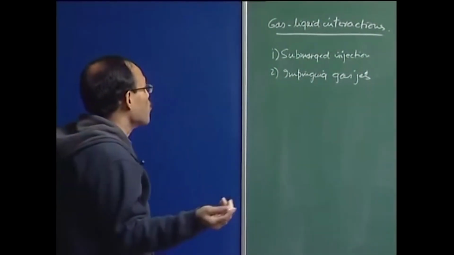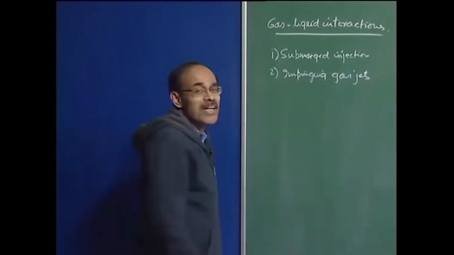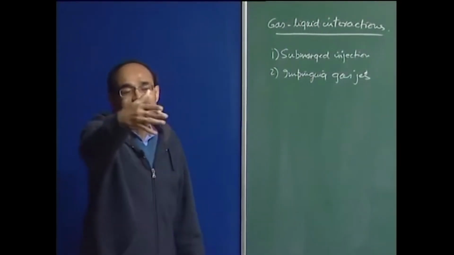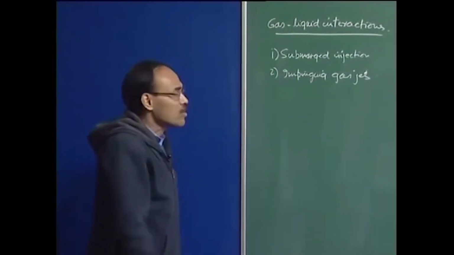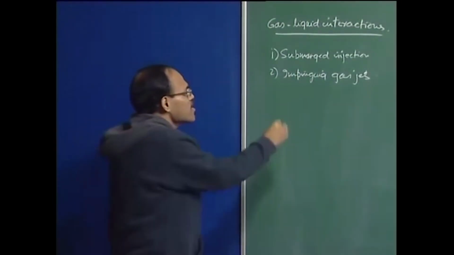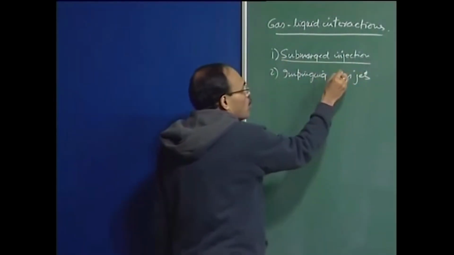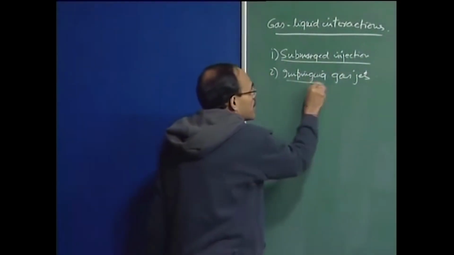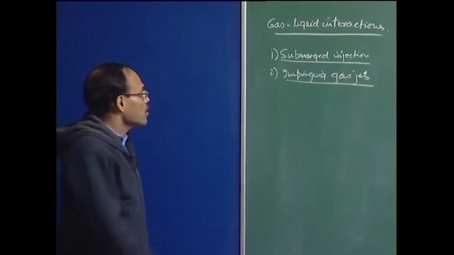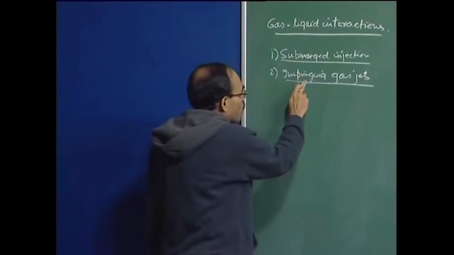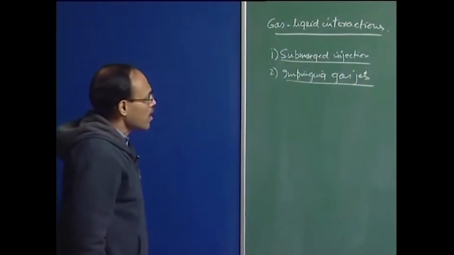Whereas if you go to LD steel making, or electric arc furnaces where you have lances injecting oxygen at the surface, the gas jet is impinging on the surface itself. Submerged gas injection is very common in ladle, tundish, mold, etc. Impinging gas jets are very common in AOD converters, in LD converters, as well as in electric arc furnaces.